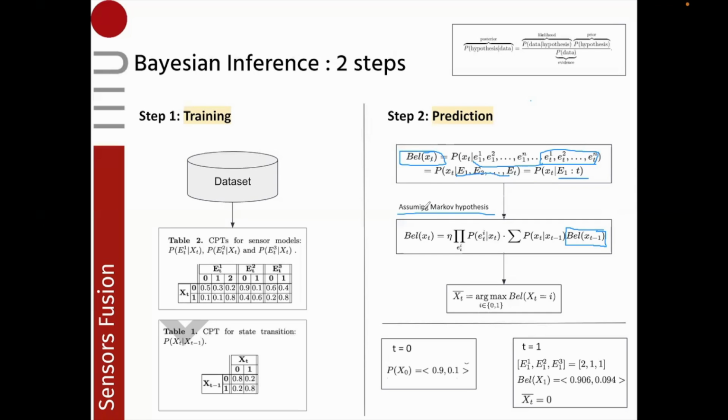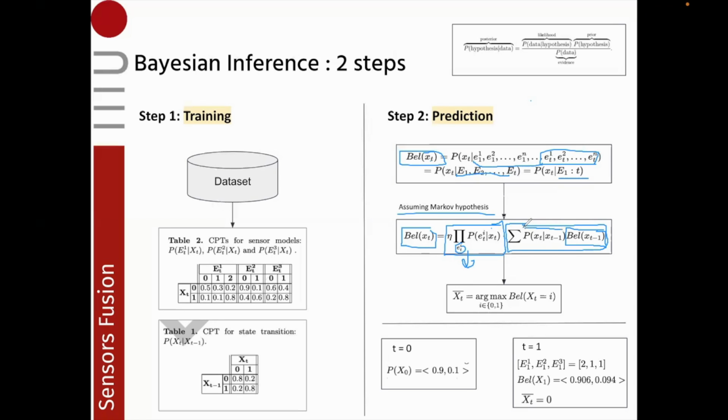Applying the Markov assumption, we can build our belief function in two main blocks. One depends on the evidence at time t, and this is exactly the multiplication of all the likelihoods, and the belief function at time t minus 1.